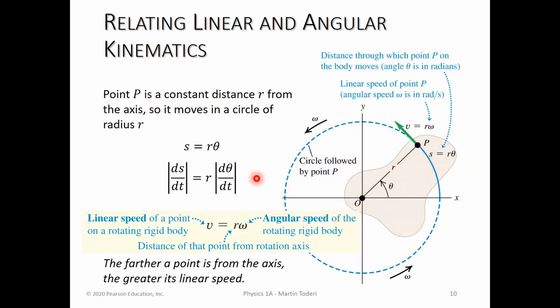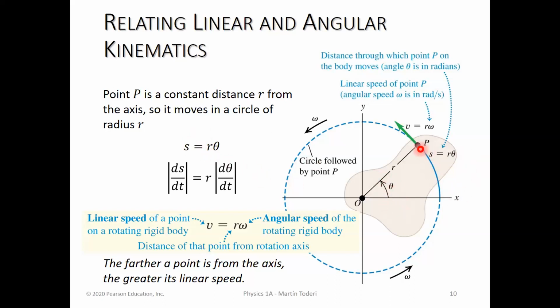So in order to relate the linear and angular quantities, we can use this relation right here, which we established right at the beginning of the class, which is the distance that is covered while this angle is varying, right?